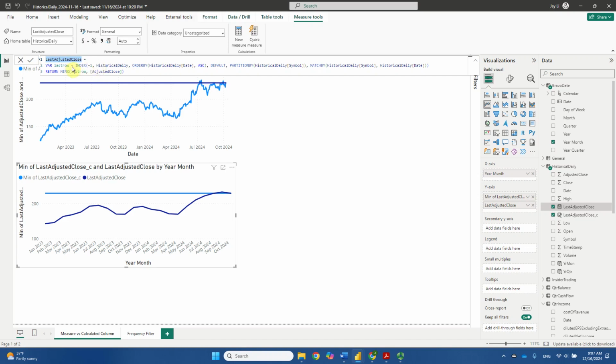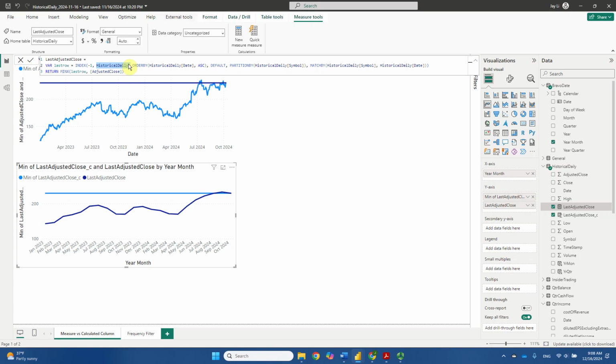So in this case, the index function is going to look at data in May 2023, and it's going to take the last trading day of that month, okay? Previously, in that calculated column, the index function was going to look at the entire historical daily data set and pick the last trading day from that data set.